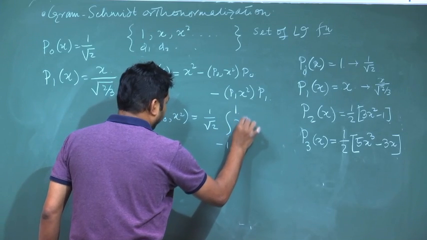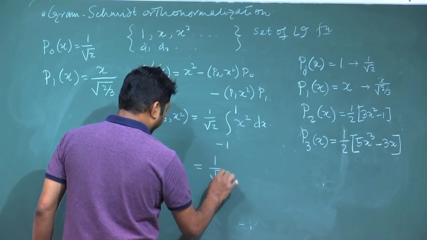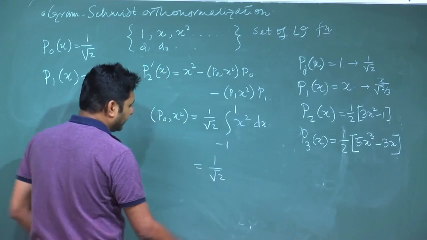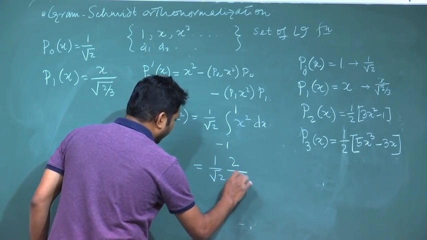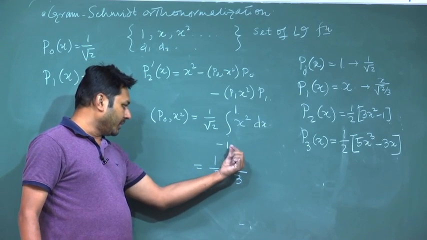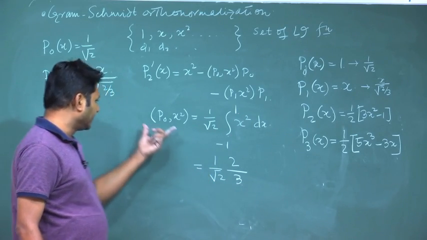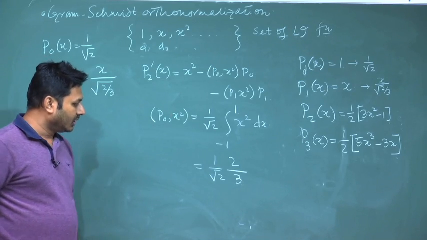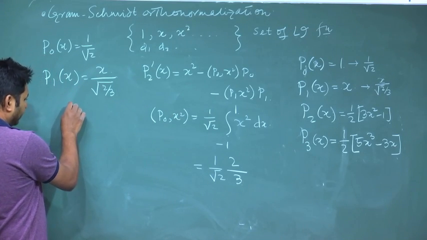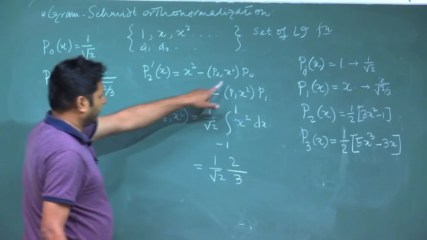So, x square dx, it will be 1 over root 2, x square means it will be x cube divided by 3, and when you put minus 1 to 1 it will be 2 by 3. So, I will have the first value of my inner product, which is, let me write somewhere so that I should not forget. So, root over of 2 by 3 is the value of this quantity.